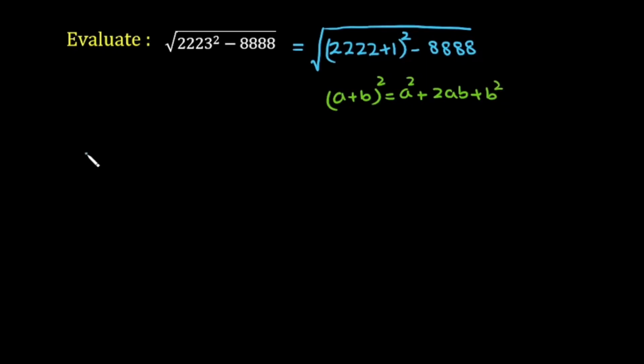So this is equal to 2222 square plus 2ab, which is 2 times 2222 times 1, plus b square, which is 1 square, minus 8888 under root.